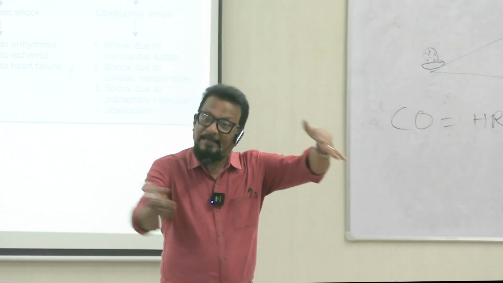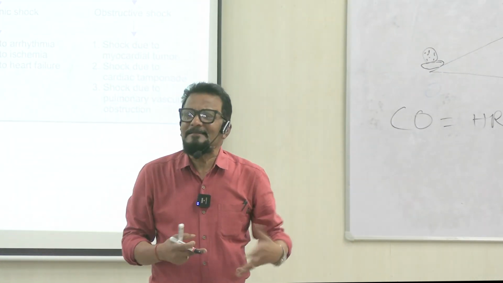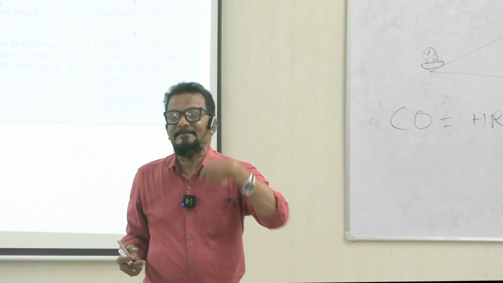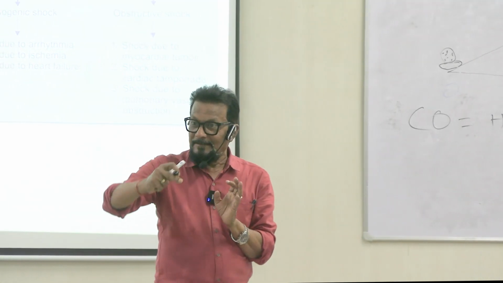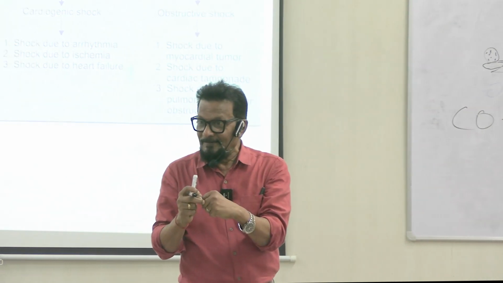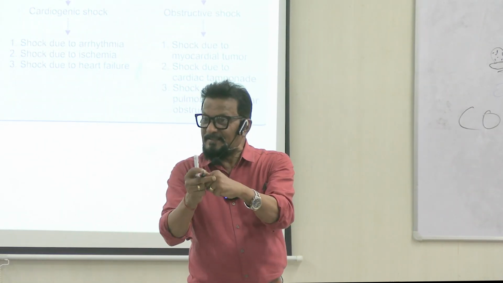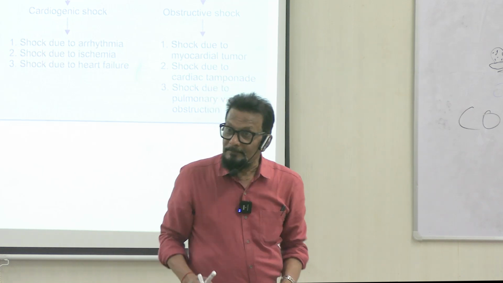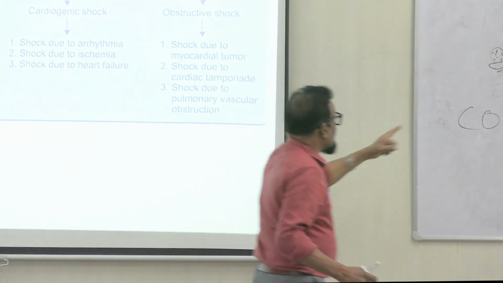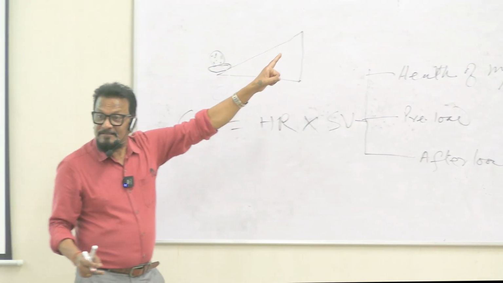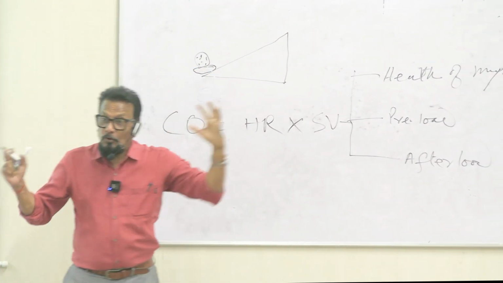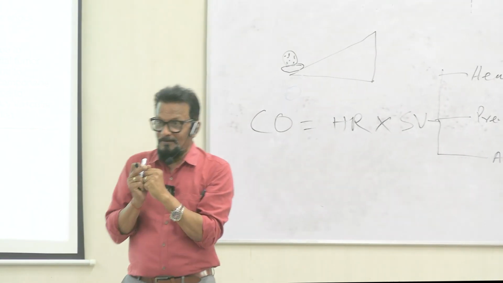If the path is clear, it is very easy to contract and send it to the circulation. If the path is already congested and a lot of resistance is there, what will happen? To overcome this resistance, the heart has to contract with more force.